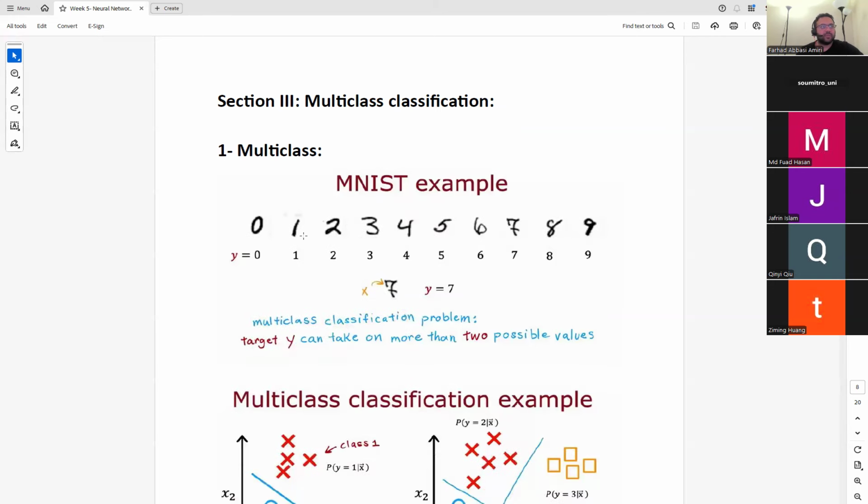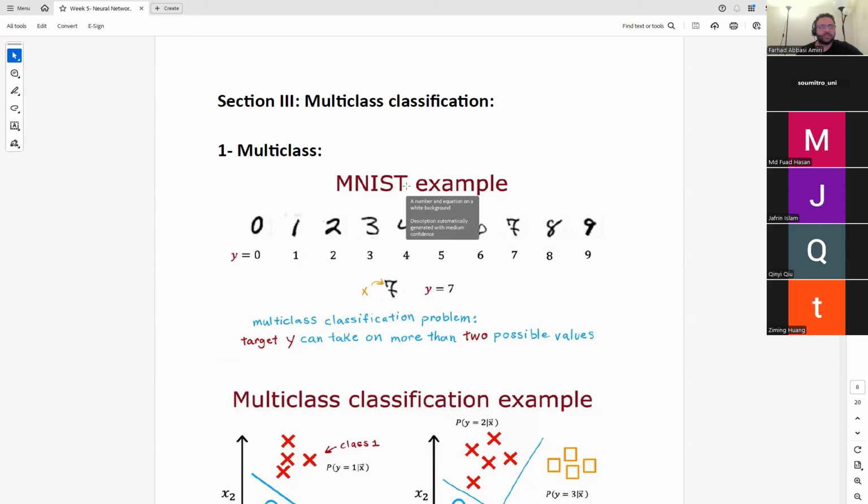For example, this data set of handwritten digits from MNIST, which stands for something National Institute of Standards and Technology.